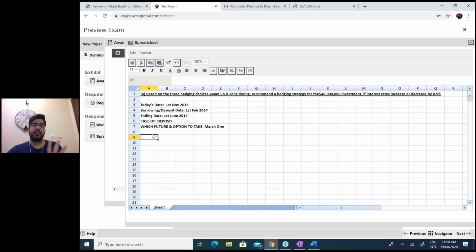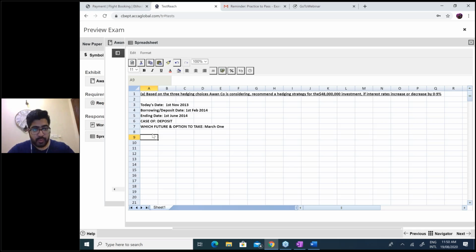So only 4 futures and options are available every quarter. Let's suppose you need to borrow or deposit in November. There's none available for November, only December, March, June, and September. So for November, you need to take December.